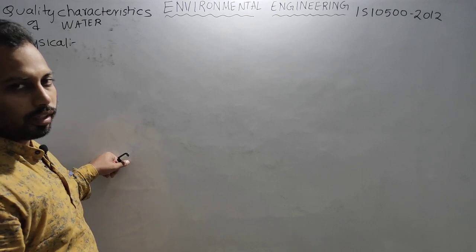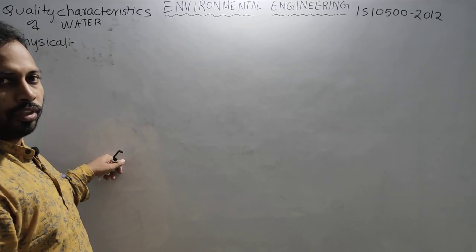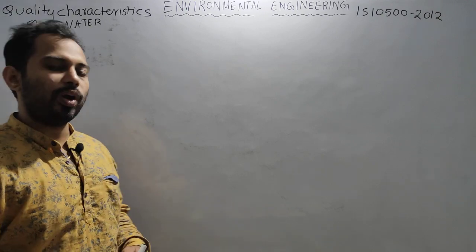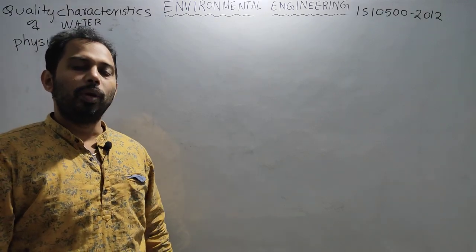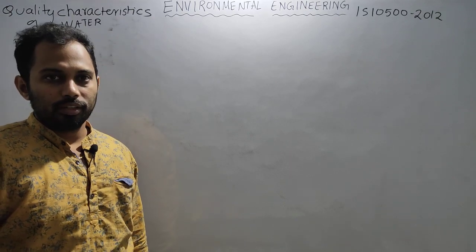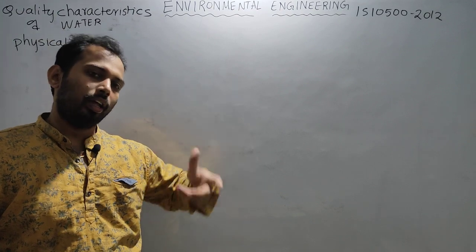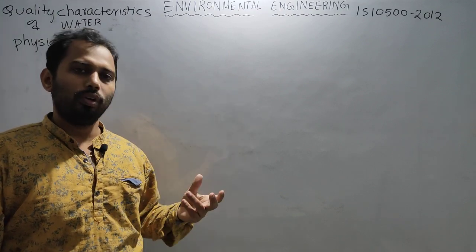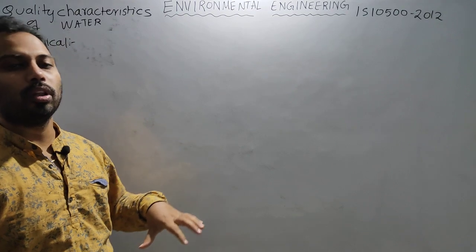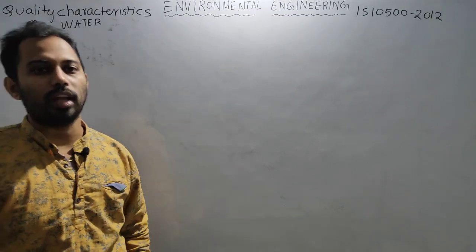Similarly, along with the dissolved impurities, there will be suspended impurities also. When you look at river water during floods, the color will change to brown, light brown, or grey, depending upon the rocky formations through which it is traveling.